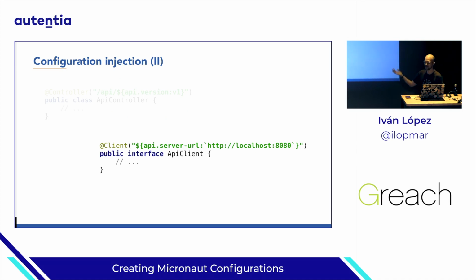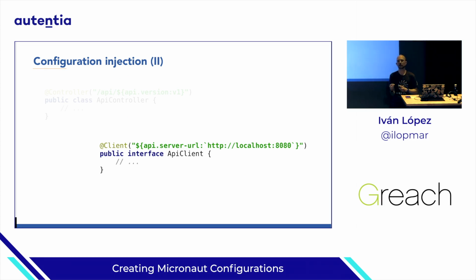We had a few issues, and to help users, I actually did something a couple of weeks ago. I created a type element visitor, which is something we use to hook into the compiler. During compilation, when Micronaut is compiling your source code, the element visitor looks at all your annotations and finds these property definitions or property names. If a property is defined in kebab case, it will be okay.